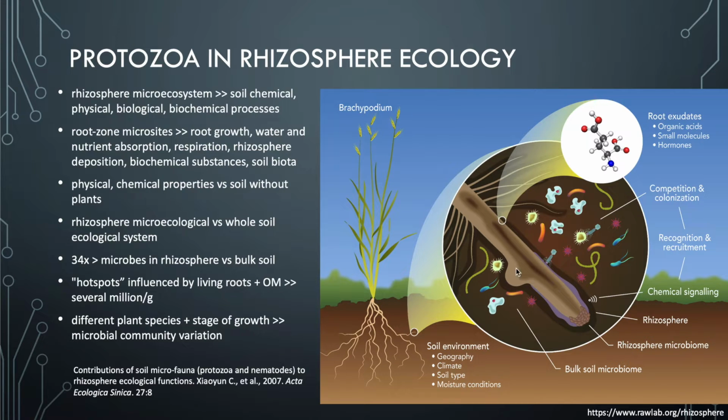And the plant itself produces not only food for the microbes that it wants to have living around itself, within that rhizosphere or within itself, but it also produces chemical signaling to attract particular microbes, because these microbes will recognize that chemical signal and recruitment will occur.